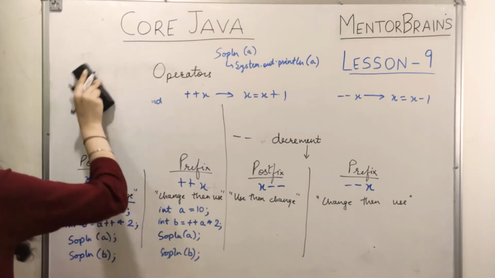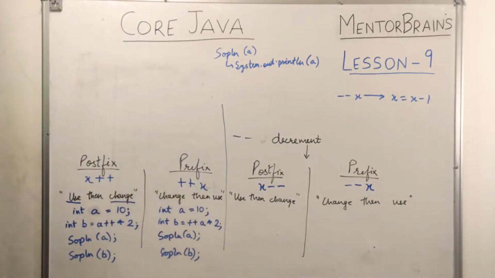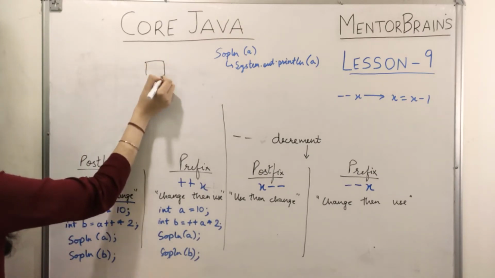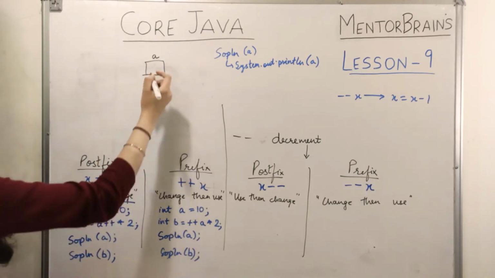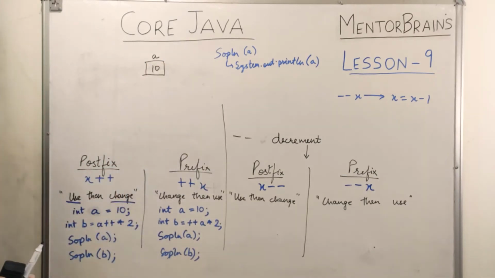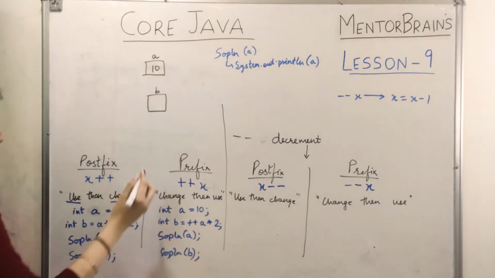As soon as I come to this line, a variable a is created, a named memory location whose name is a, and a value of 10 is stored inside it. When I come to the next line, a named memory location b is created, and let's see what value goes inside b.